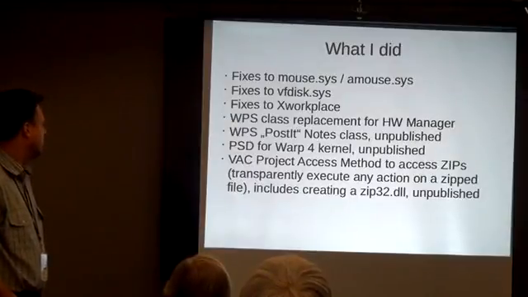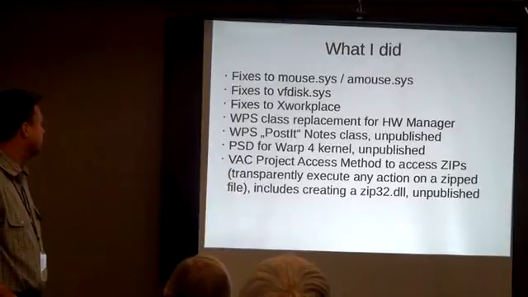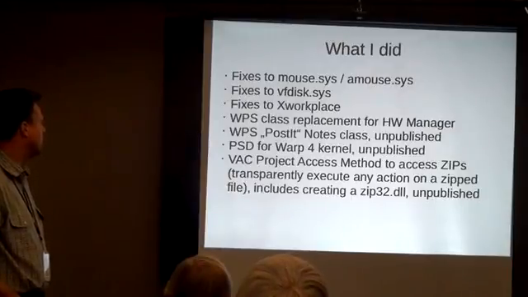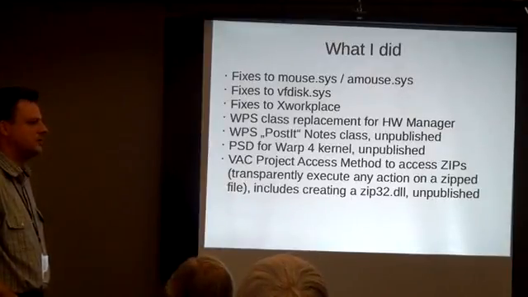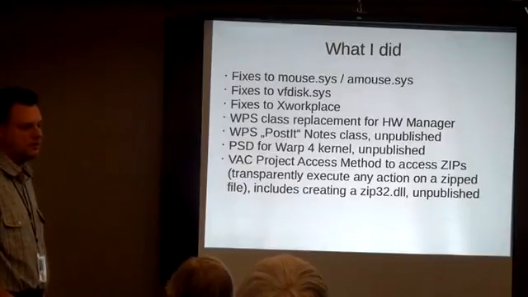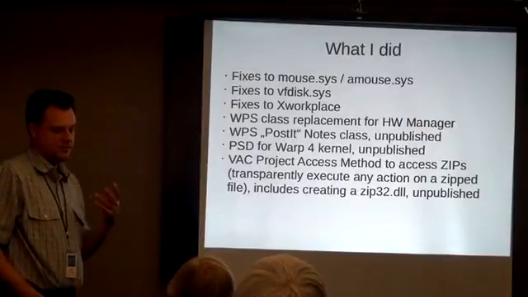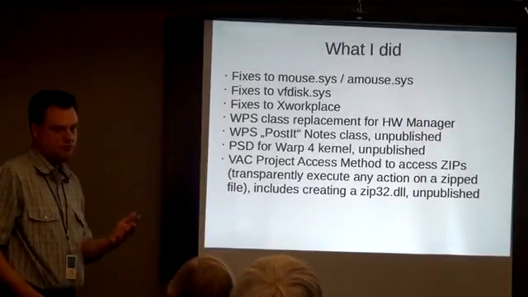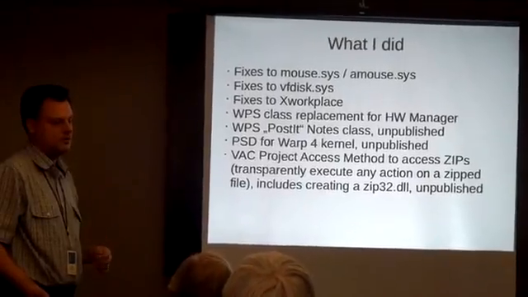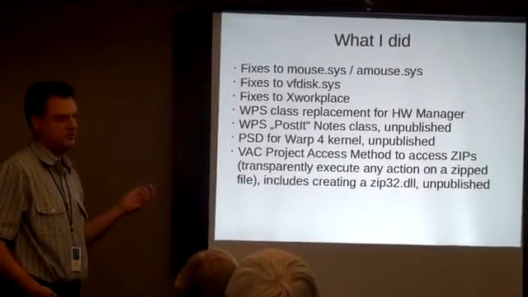But the thing I thought was interesting was it has something called the project access method. It's basically a DLL that you can throw in, and that allows you to replace the project's view of what is a file and what is a directory. Because normally you have directories and files in the real file system.